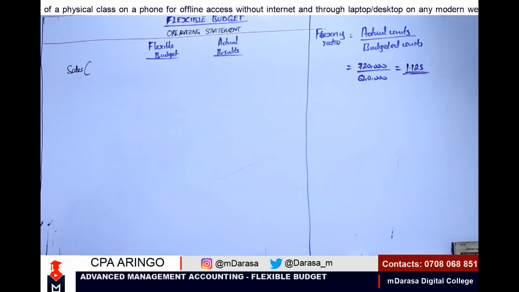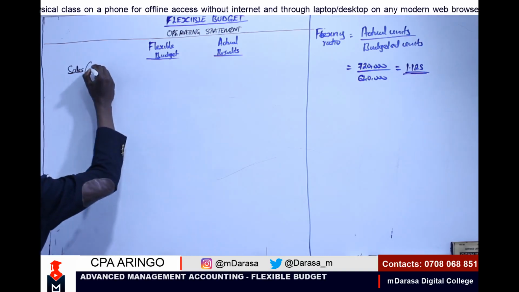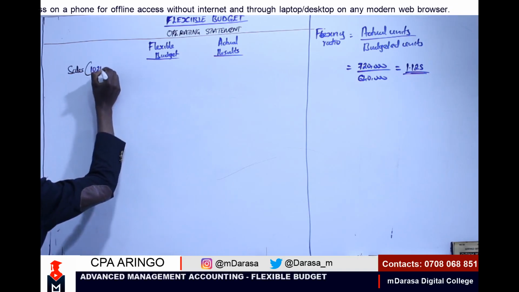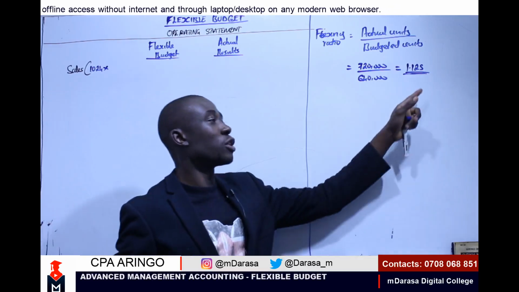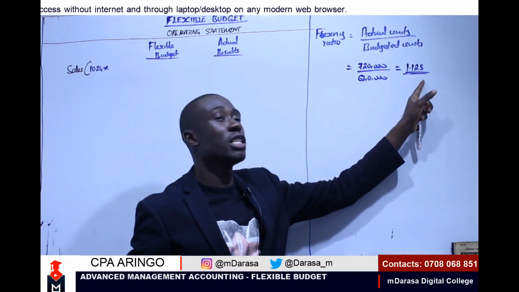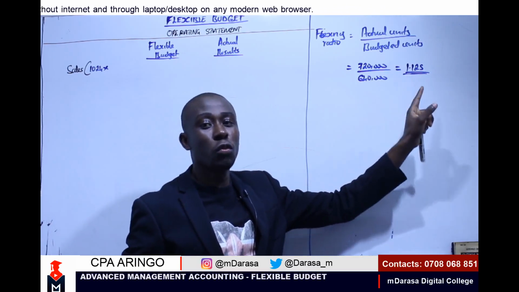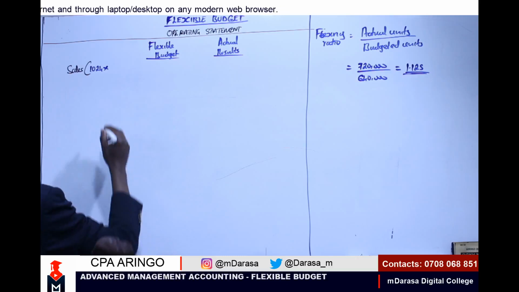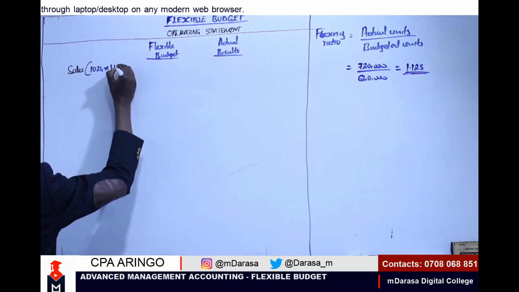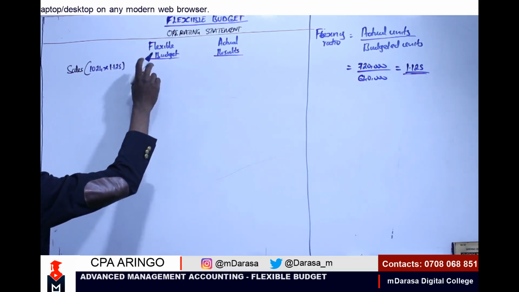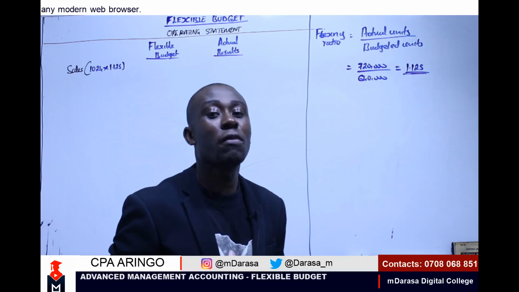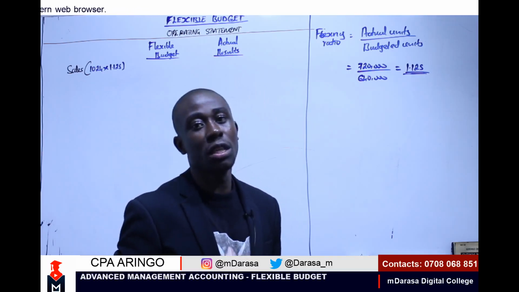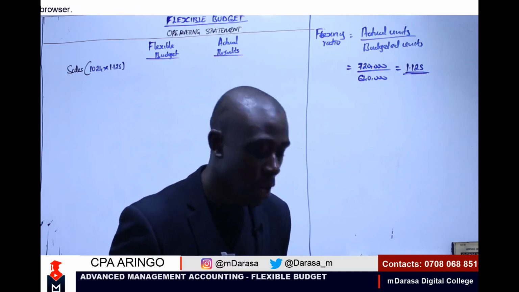To achieve my flexible budget, I'm going to take the 1024 and multiply by the flexing ratio that we have determined here, which is 1.125. The figure that I'll be having there is what you are going to term as flexed data, which in this case is the flexible budget.